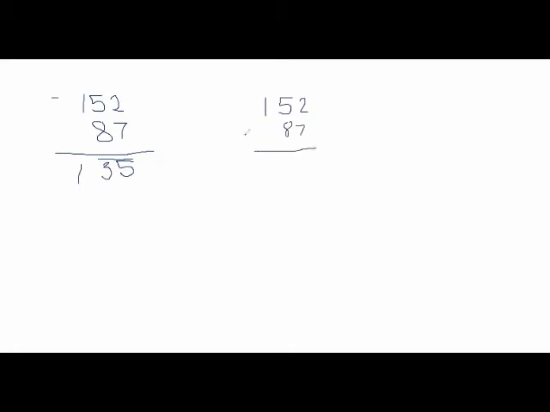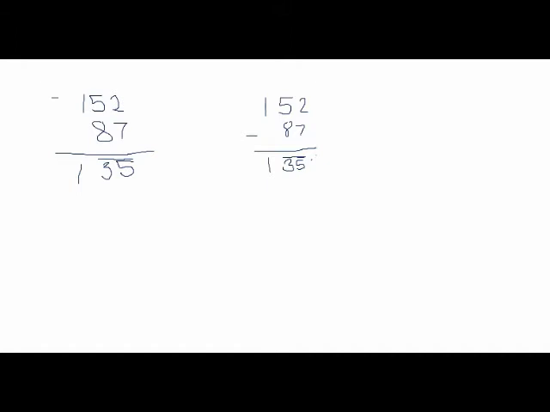87, we're going to subtract, and this is what they will write. Because 7 from 2 is -5, and 8 from 5 is -3. All we would need to do at this point is convert that. These are bar numbers, and we would just convert it.